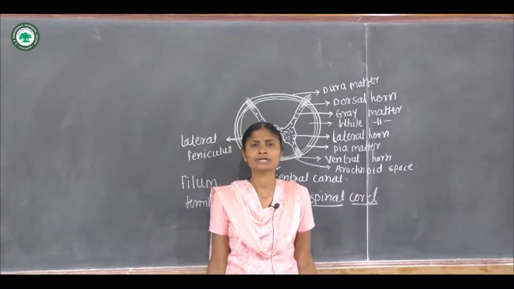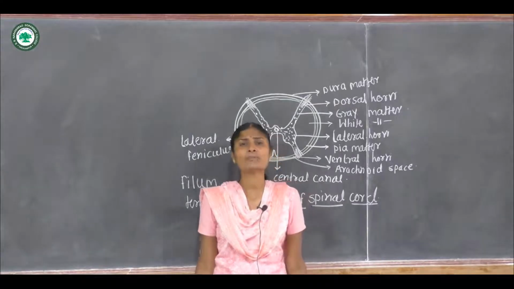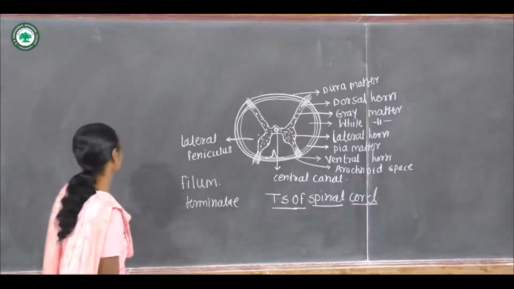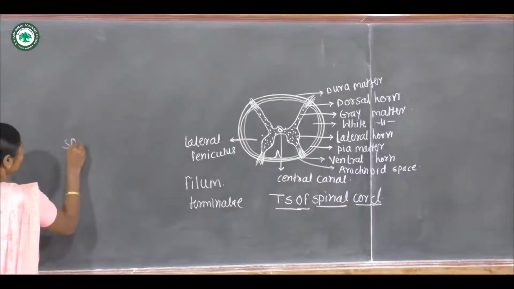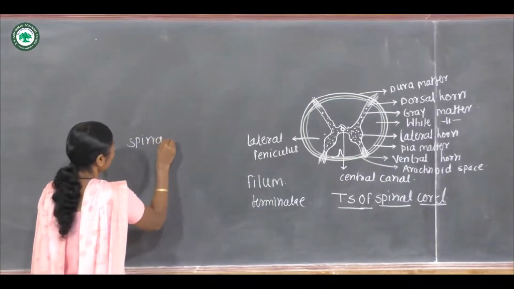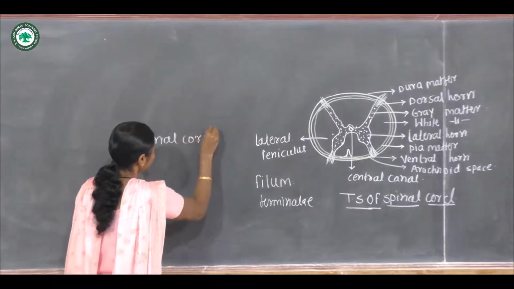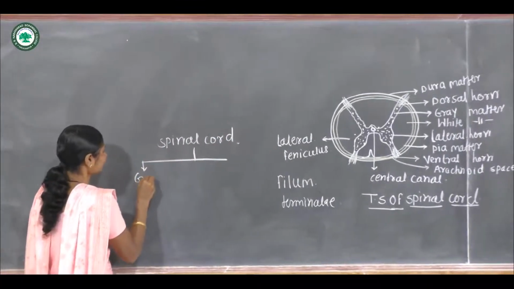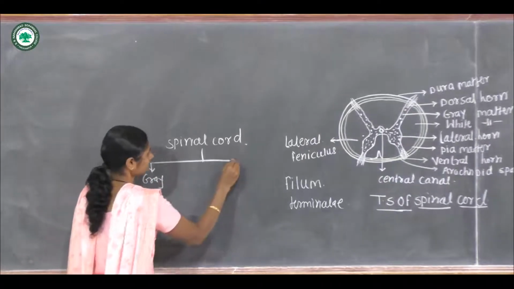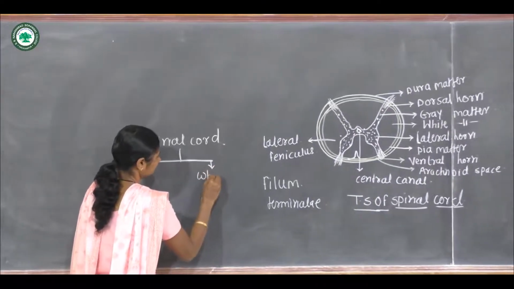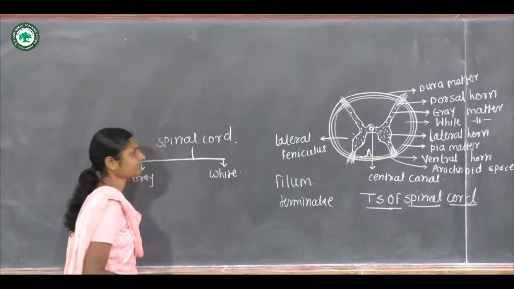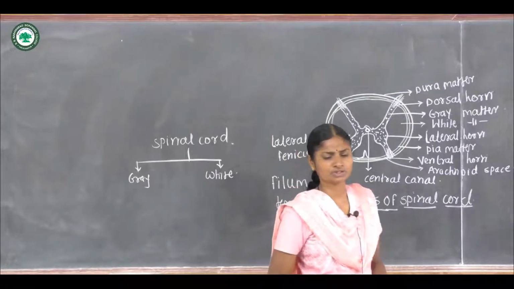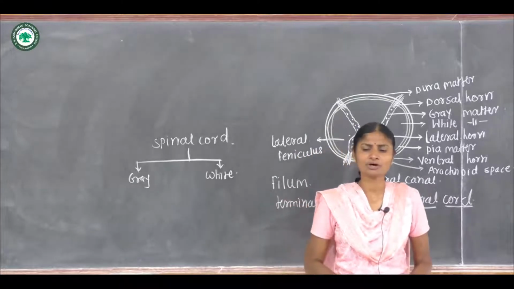This spinal cord is composed of two parts, that is grey and white matter. Microscopic structure of spinal cord.